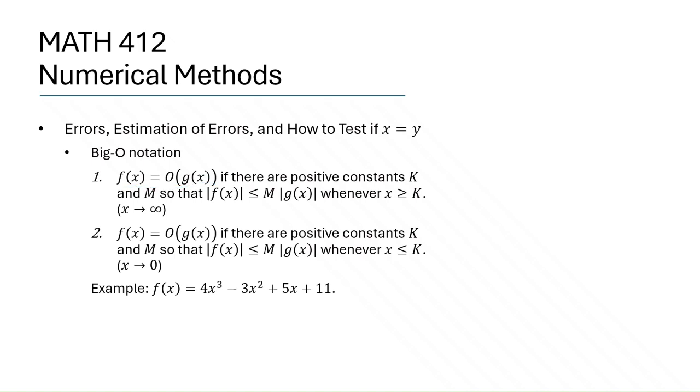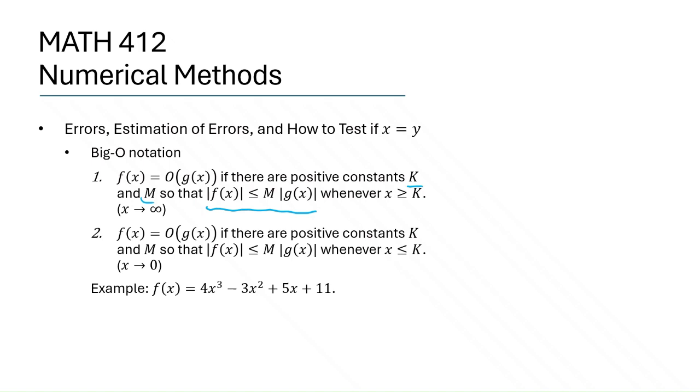For f of x and g of x, if there are two positive constants k and m, they are called witnesses of such a relation. Okay, f is big O of g, and we say k and m are witnesses, if there are positive constants k and m so that this relation is true.